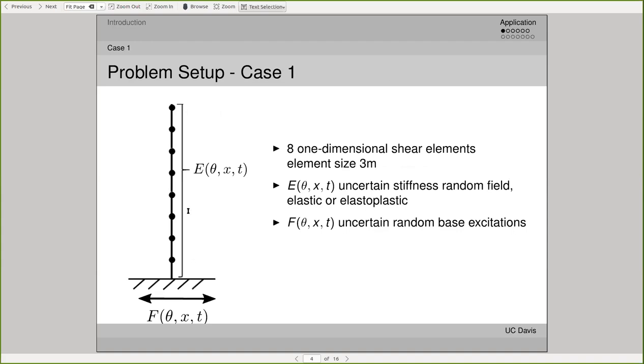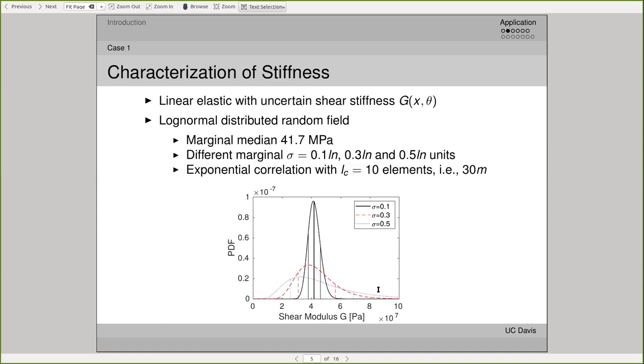The first example is we have 8 1D shear elements with element size 100 meters, and we want to consider both the uncertainty in the structure system, which is the stiffness. It can be either elastic or elastoplastic, and also we might want to consider the uncertainties in the ground excitations. First of all, we're going to characterize the uncertainties in the stiffness.